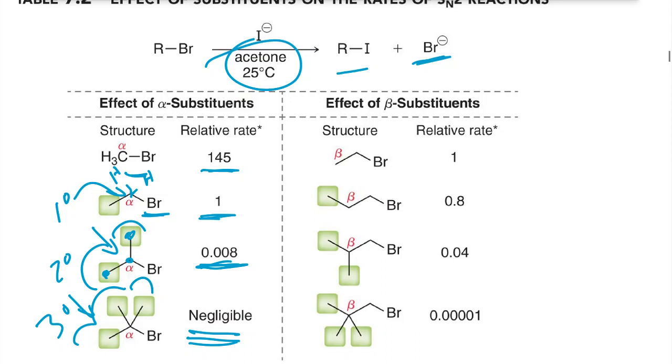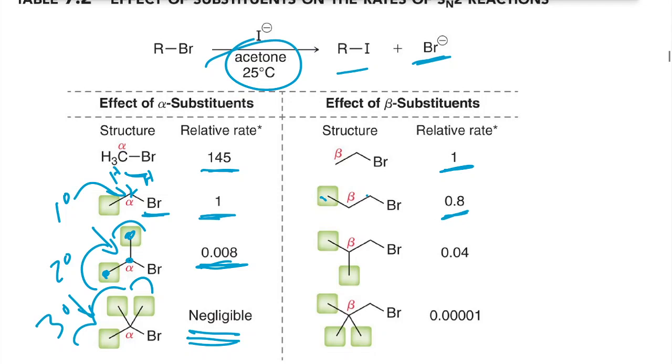Now, those are the substituents at the alpha carbon. But if we move on to the beta carbon, if we move away from the alpha carbon, we can see there's an effect from those substituents as well. So if we give that ethyl bromide again a relative rate of 1, then the 1-bromopropane is going to be 0.8, so a little slower.